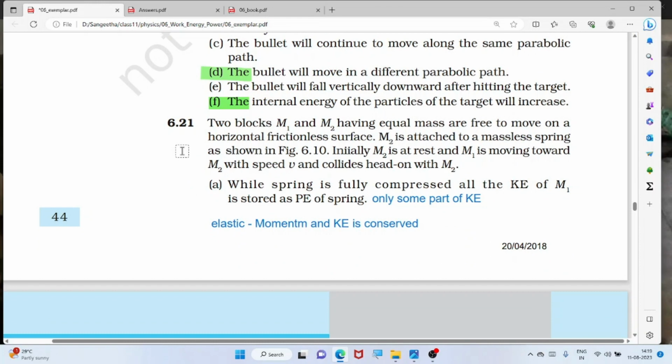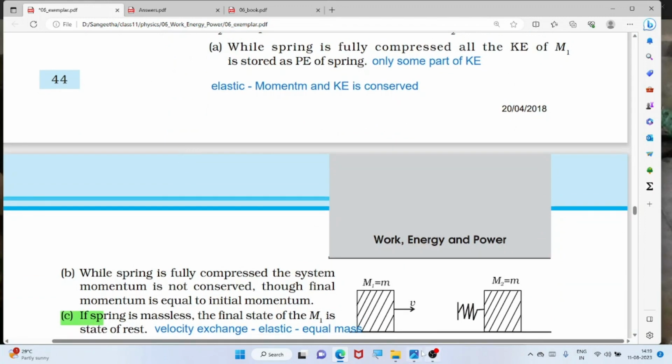Two blocks, m1 and m2, having equal mass, are free to move on a horizontal frictionless surface. M2 is attached to a massless spring as shown here.